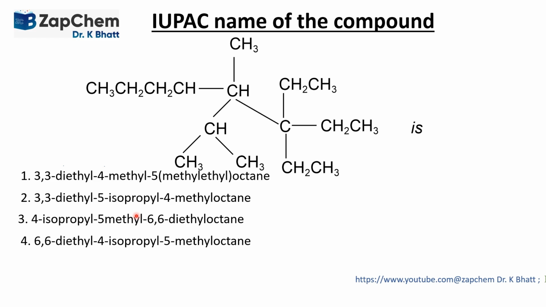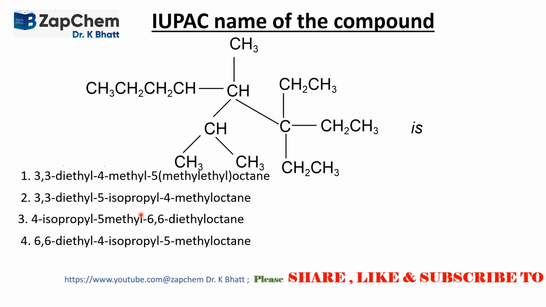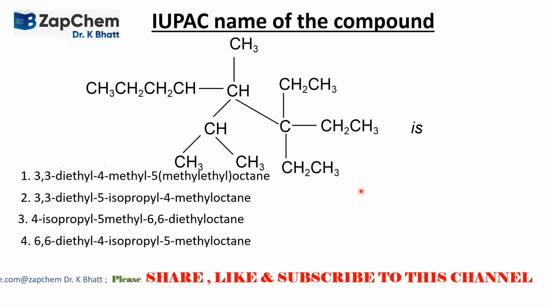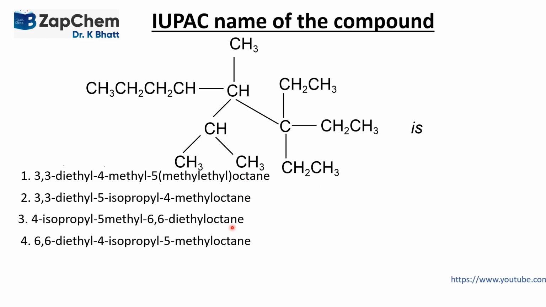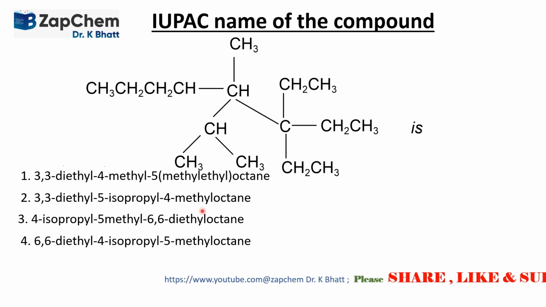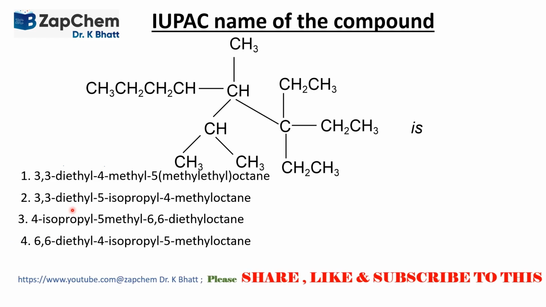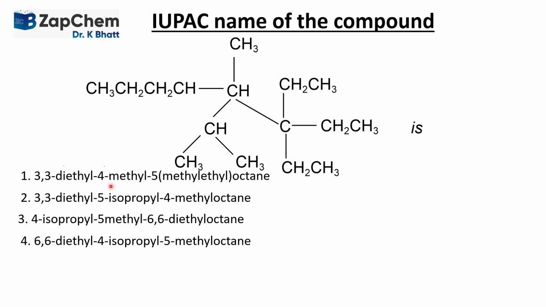Now, while picking up the longest chain and numbering the carbon atoms in the longest chain, which should be octane, it is necessary to follow the alphabetical order because E comes first for ethyl, then methyl, and then propyl, isopropyl.